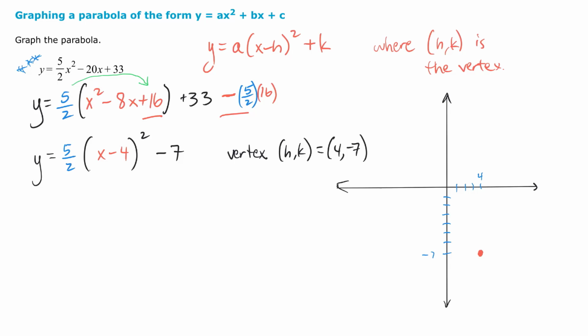We do have the axis of symmetry. I'm going to pick on the y-intercept. So the y-intercept occurs when x is 0. So let me draw a line there. So we're going to try to find the y-intercept when x is 0.